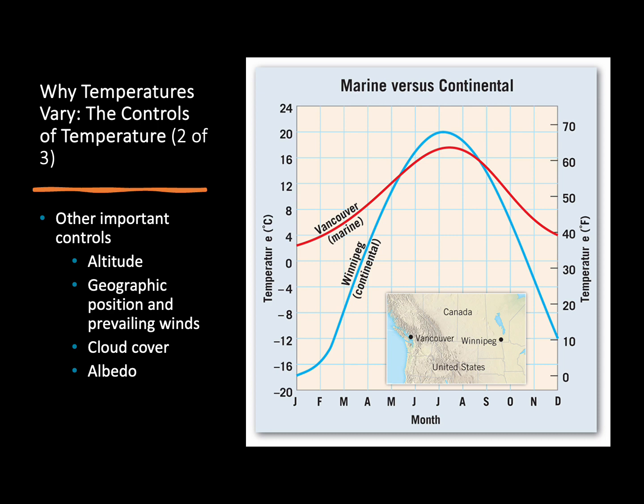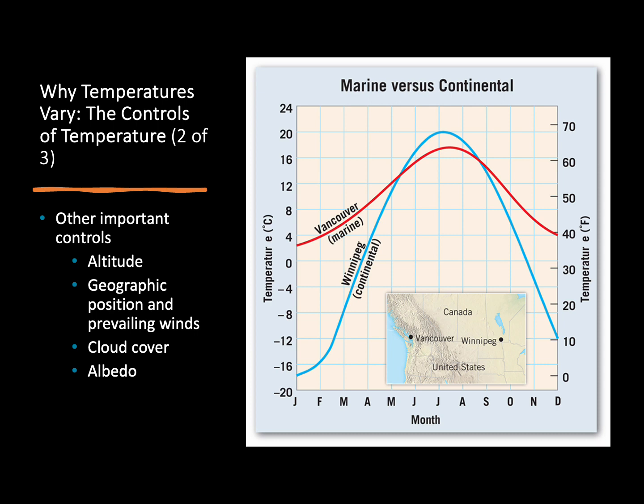When we look at how its temperature changes throughout the year, you'll notice that in Vancouver, the temperature doesn't change a whole lot. The coldest is about 2 degrees, the warmest is about 17 degrees. That's because it's along a coast. It's surrounded by water, which is going to help limit temperature change. Because again, it takes a long time and a lot of energy for water to heat up or cool down.